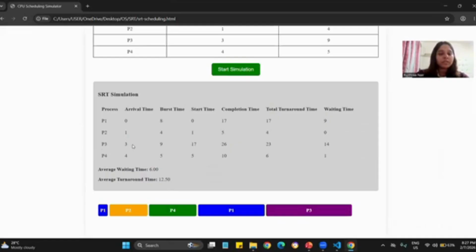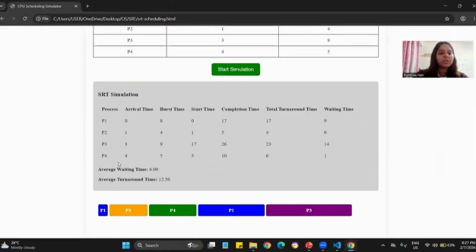When P3 arrives at time 3, its burst time is longer than P2's remaining time, so P2 continues to run. The same happens when P4 arrives at time 4, because P2 has the shortest remaining time.